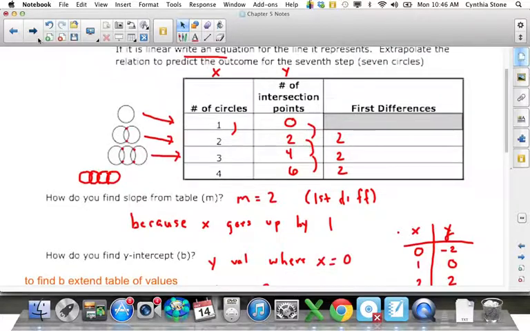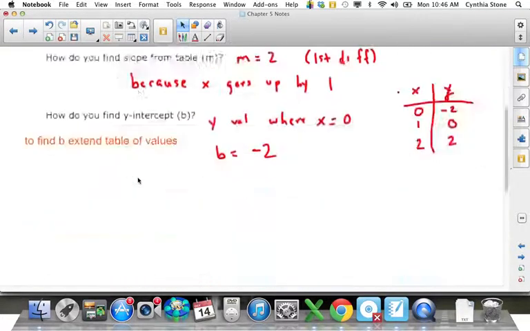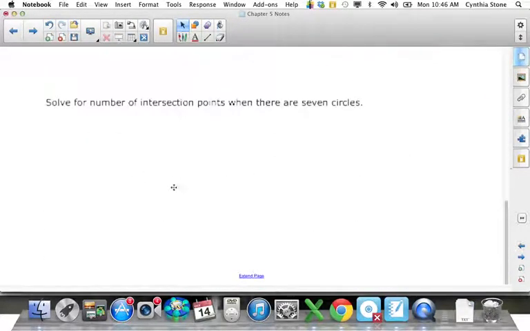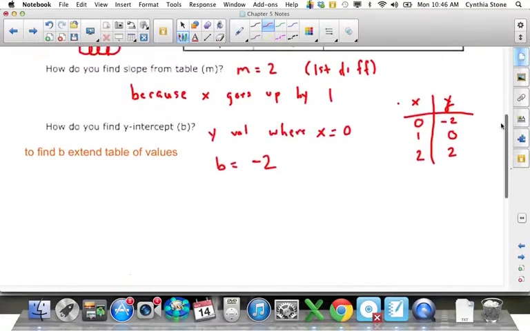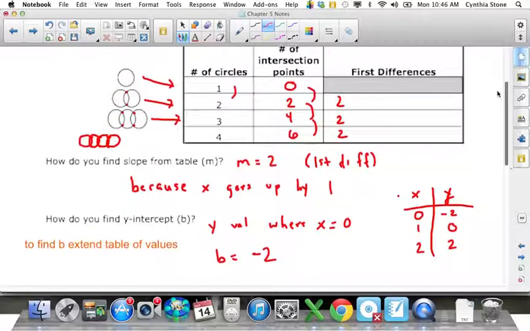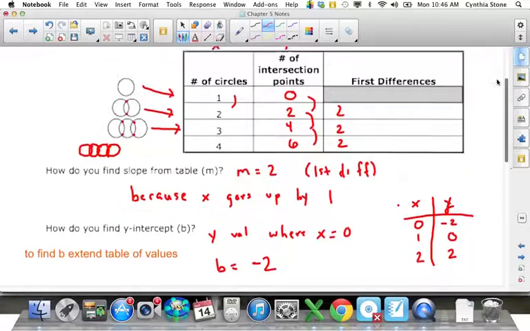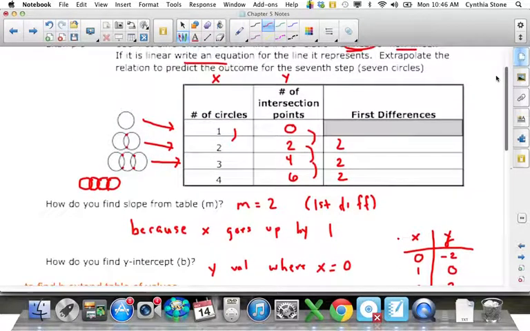Well, that means the number of circles is really our x value, right? So x then equals 7. I just thought of something. We didn't finish our equation. Got thrown off by the rotating screen. So we haven't actually found the equation.